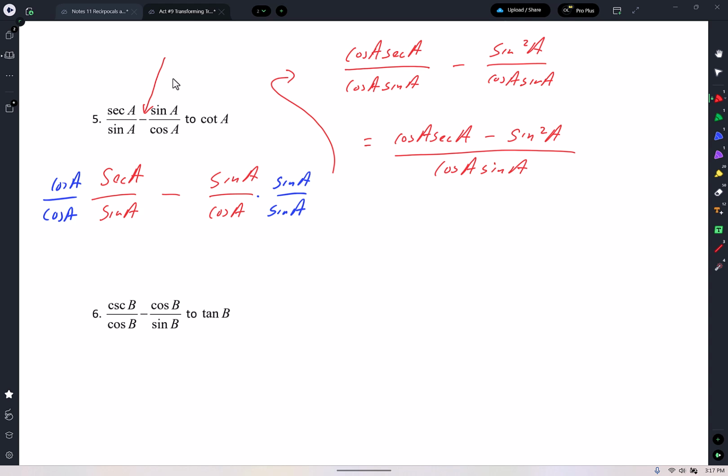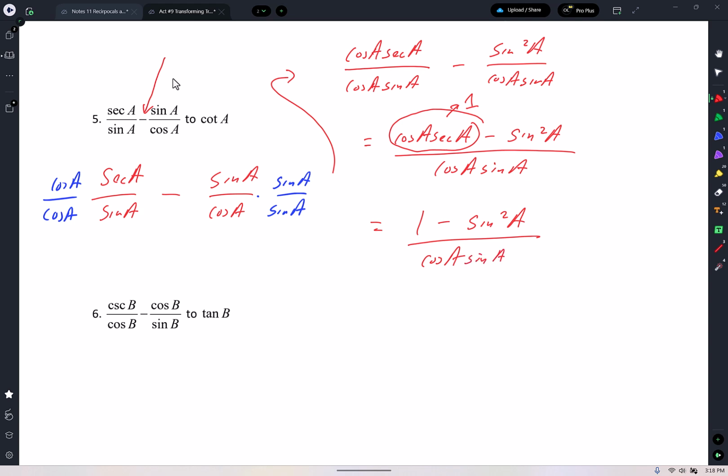What do y'all think? We're all right? Ten toes in. Okay, big step up. All right, cosine A secant A, that's just a 1. 1 minus sine squared A over cosine A sine A.